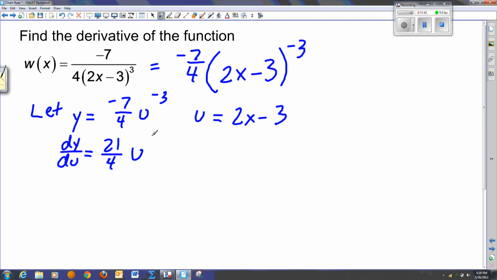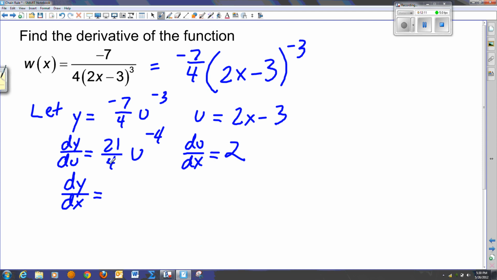U, subtracting 1 from the power of -3 gets me -4. And the change in u over the change in x is simply equal to 2. Multiply the two together. Notice that's going to give me dy/dx, like it has in all the previous problems. I multiply 21 over 4 by 2.